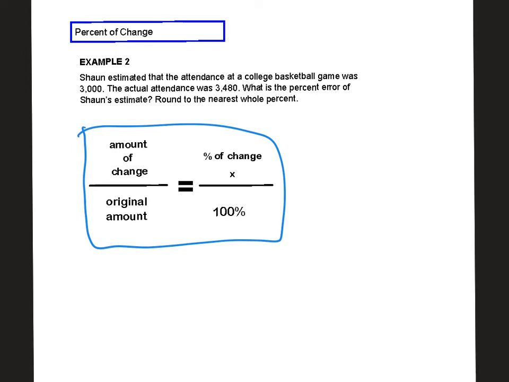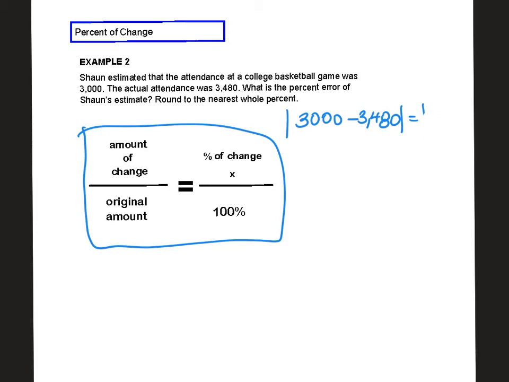So let's fill it in. Oh, but before we fill it in, we need to find the amount of change. So I take the absolute value. That's the start. I'm just reading it, and I'm just entering it in. 3,480. Okay, when we subtract, obviously, we get negative 3,4. Oops, that is not correct.